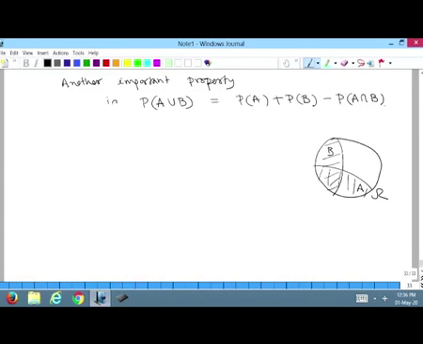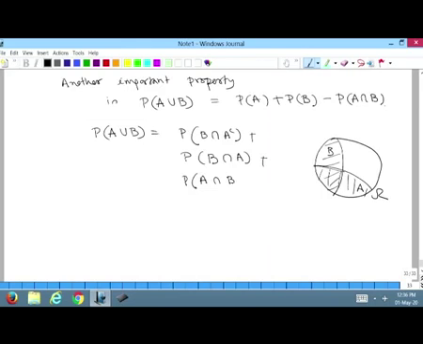So, we can write probability of A union B is equal to probability of B intersected with A complement plus probability B intersected with A plus probability A intersected with B complement. Because these three are disjoint.